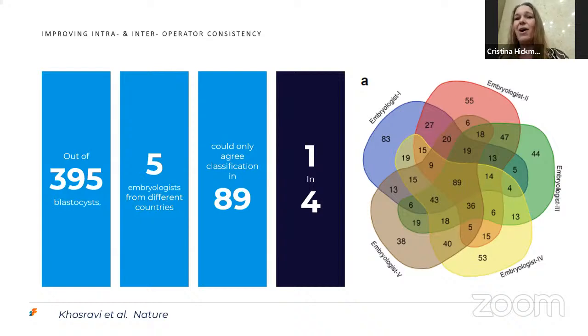And in fact, out of the 395 embryos we looked at, we all only agreed on 89. Now, this is an extreme case where the 5 embryologists are from 5 different countries, trained in slightly different ways. But still, this highlights the fact that we do need an international language of how to assess whether an embryo is suitable for treatment or not. Next slide, please.